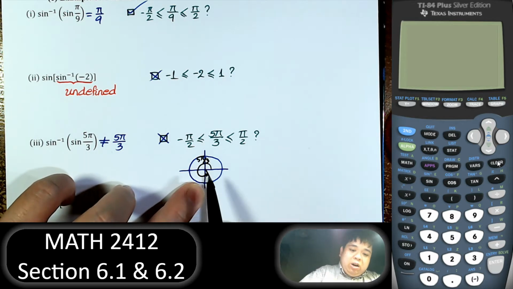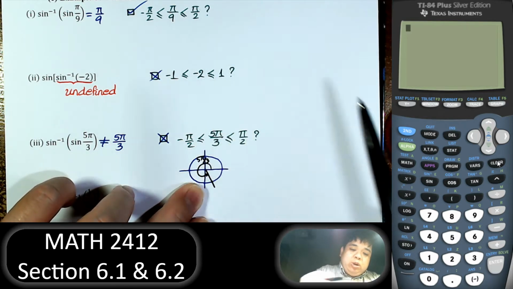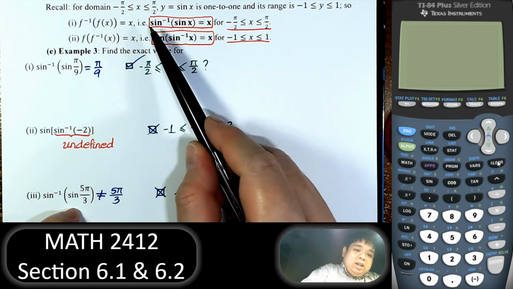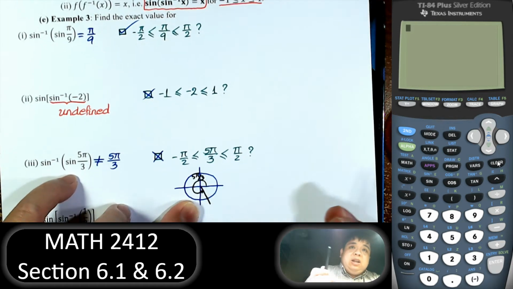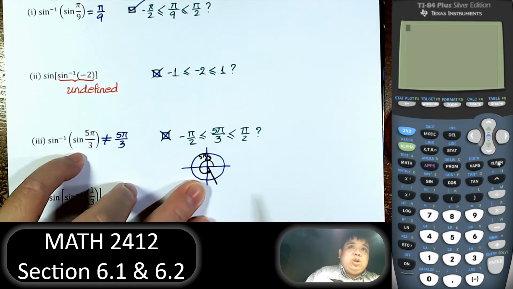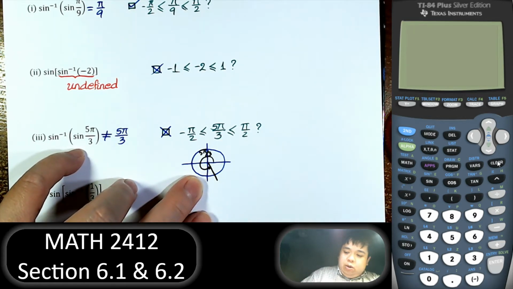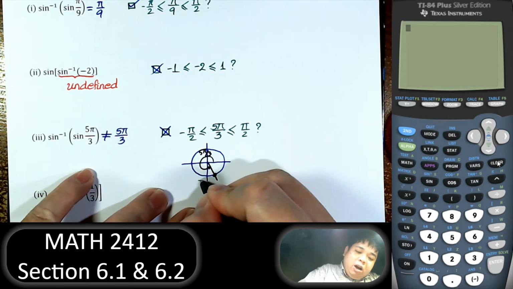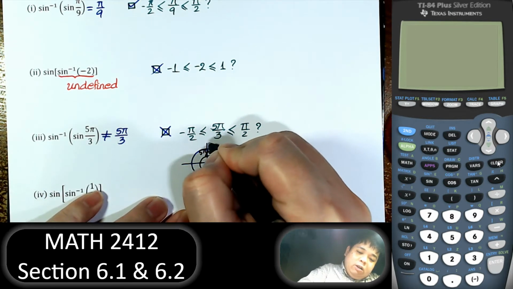Notice that whatever the answer is, it has to be between negative pi over 2 and pi over 2, right? Because in the sine inverse, the answer should be from negative pi over 2 to pi over 2. So we have to convert this point to be between negative pi over 2 and pi over 2.